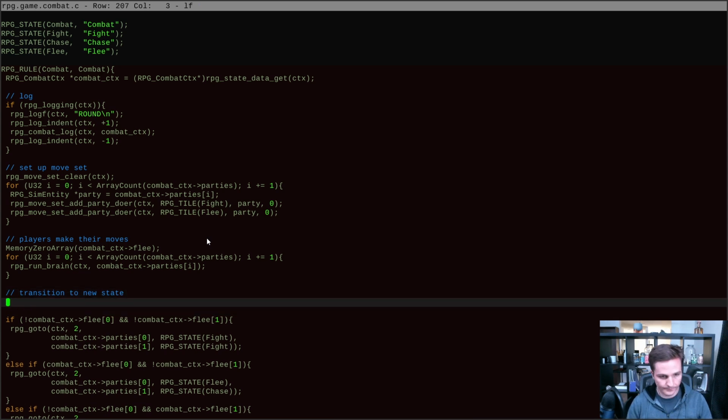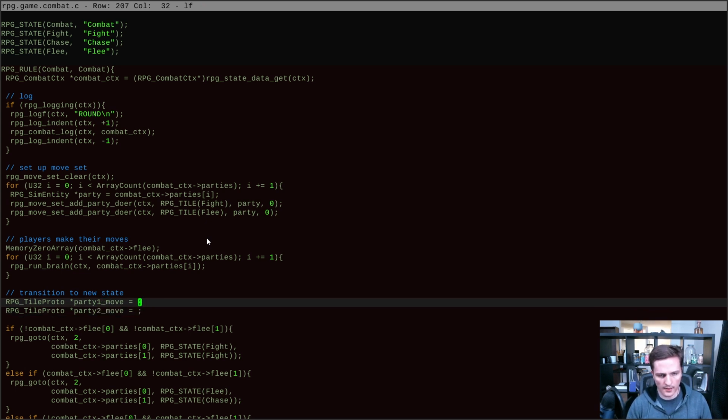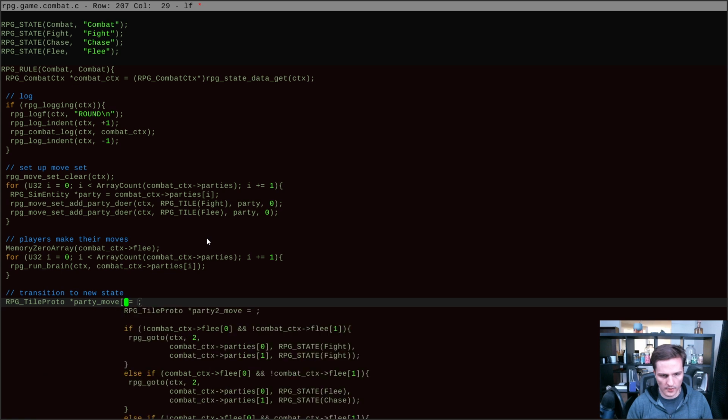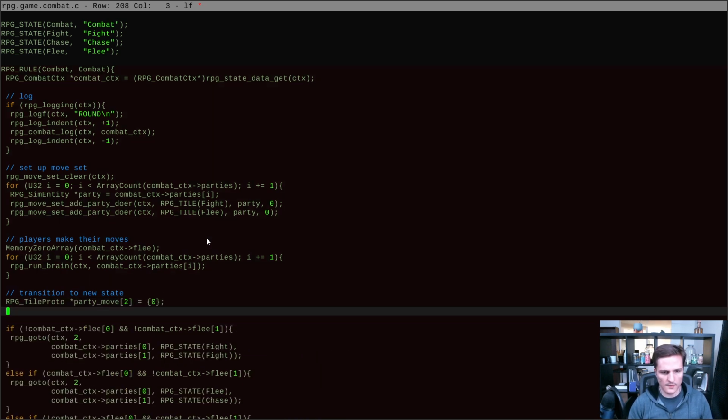It would be something like: I want to be able to say something like RPG tile proto party 1 move and party 2 move, or maybe party moves 2, and then you go party move I equals RPG move from party, something like this.